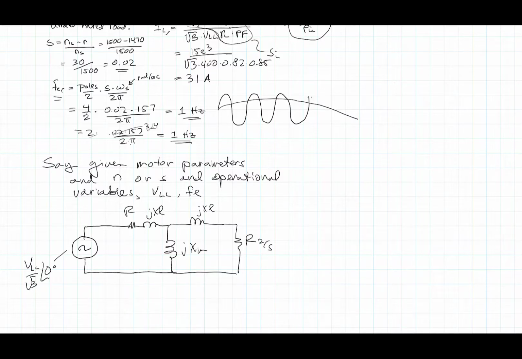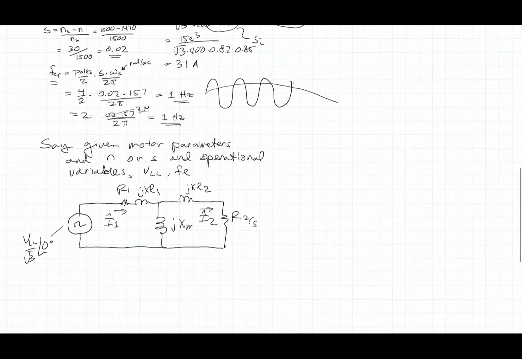Actually, I've got to put these values and be consistent here. XL2, XL1, R1, R2, I1, I2. So we're asked to find the motor torque.